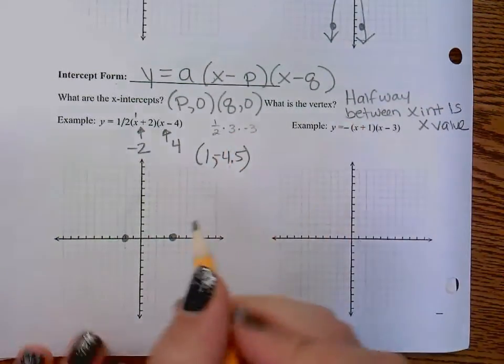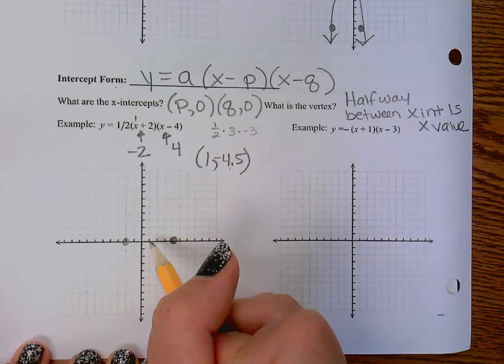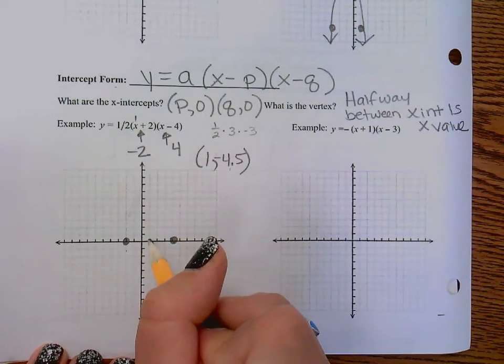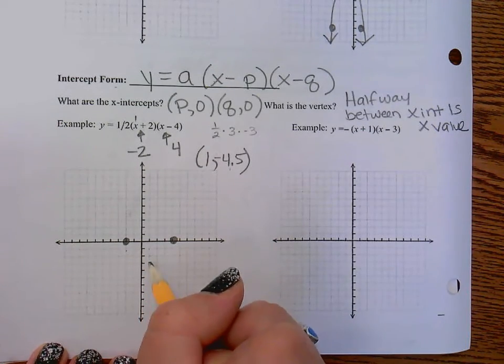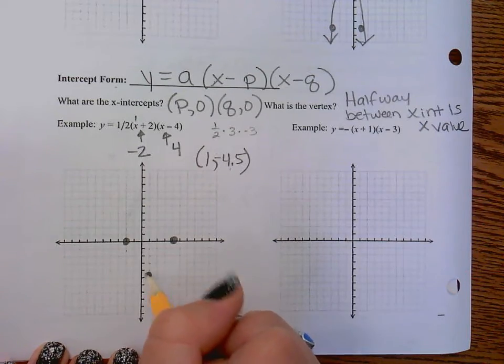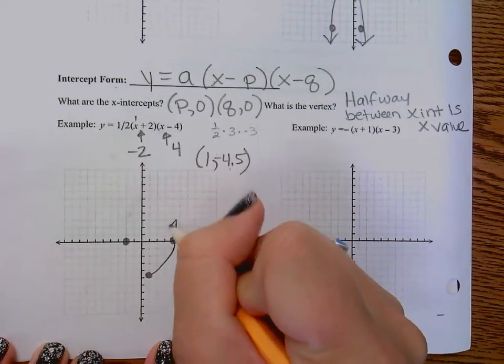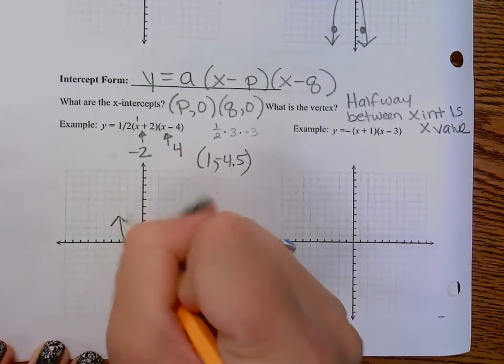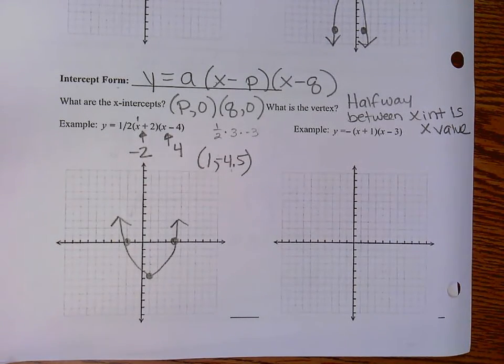All right, so we're just going to plot. Is that right? Am I with you? Okay. (1, negative 4.5). So I'm not going to find all the other points because I started on a fraction or decimal. So at least I've got the vertex and the 2 intercepts. Because then I would have to go like over 1 up 1/2.